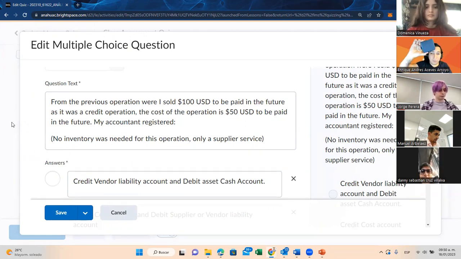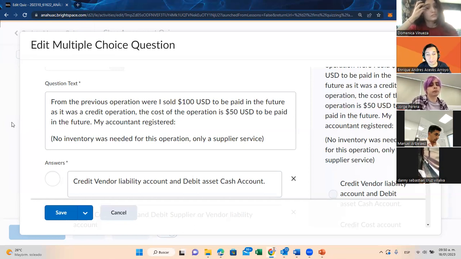I sold this for 100, but it's telling me that this cost the company $50. What's the accounting transaction? That's an expense, right? Remember the difference between cost and expense.